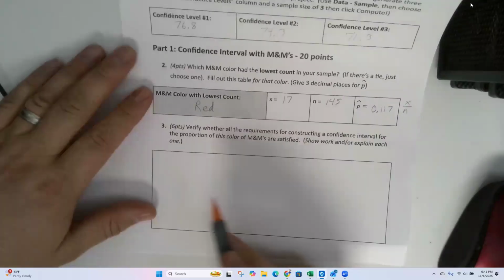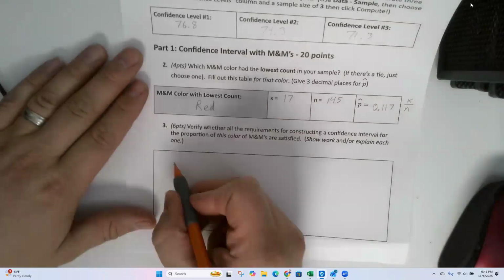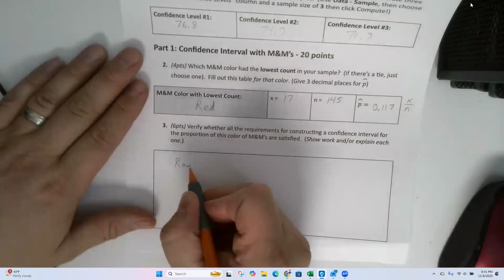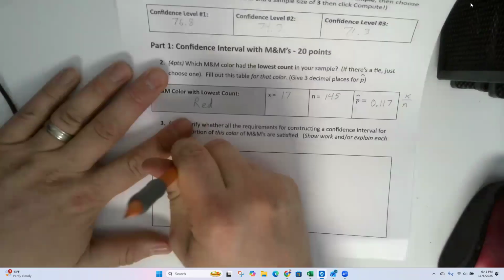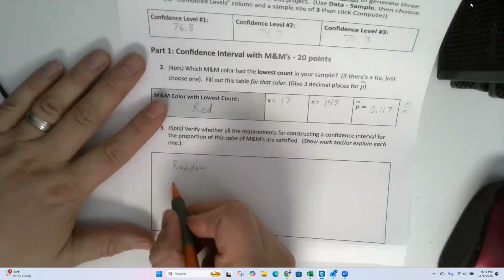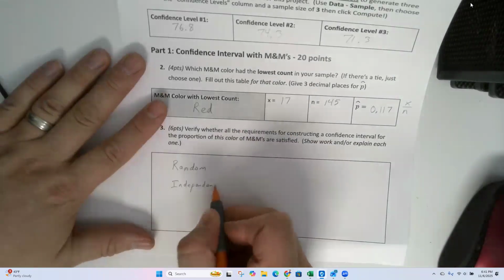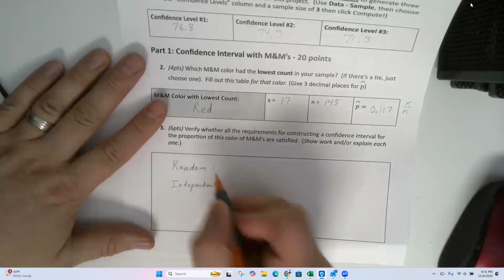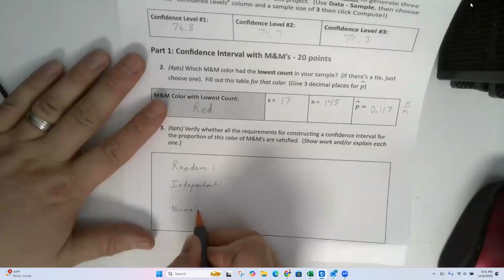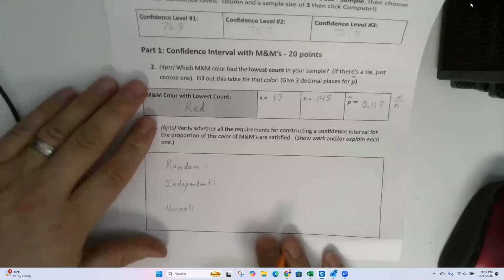Chapter 9 is all about confidence intervals. To do that, your sample needs to be random, independent, and normal. Those are the same three requirements from the central limit theorem.